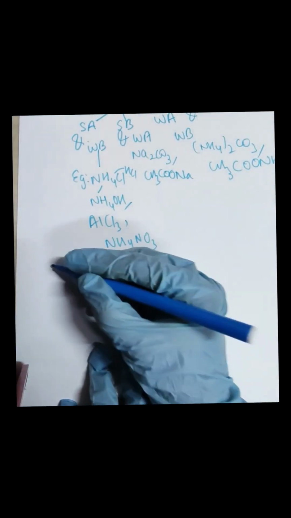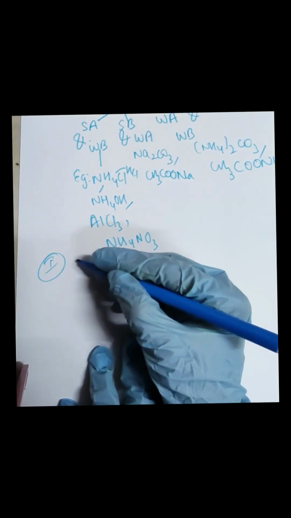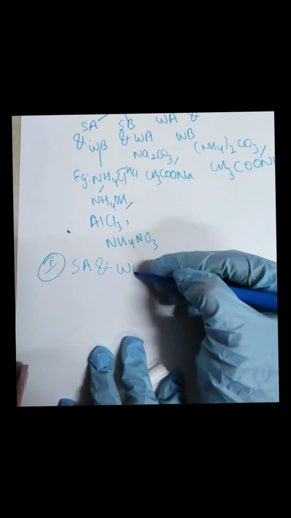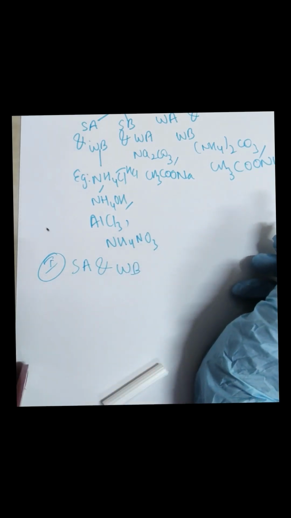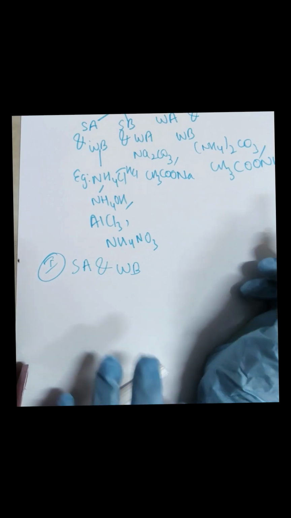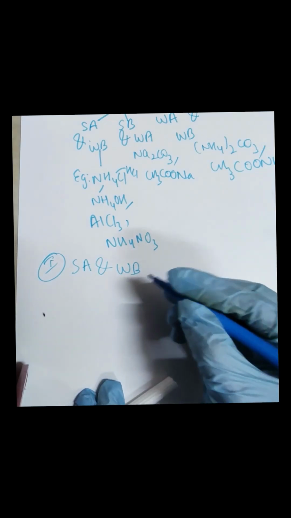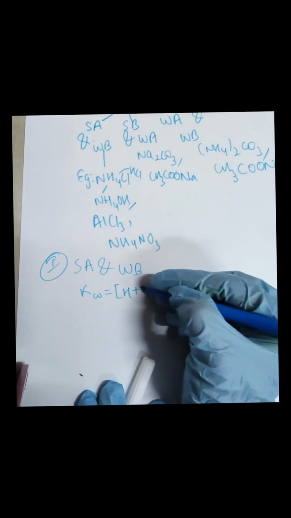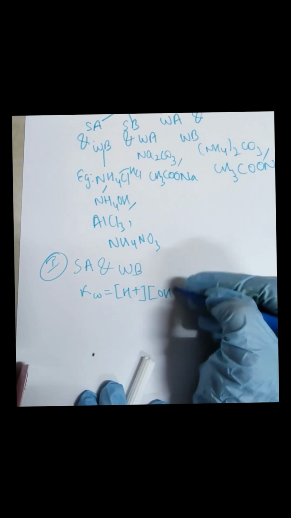So let's see the pH for each. First, strong acid and weak base. Okay, first we are going to look at the Kw. We know the formula Kw equals to H plus OH minus.